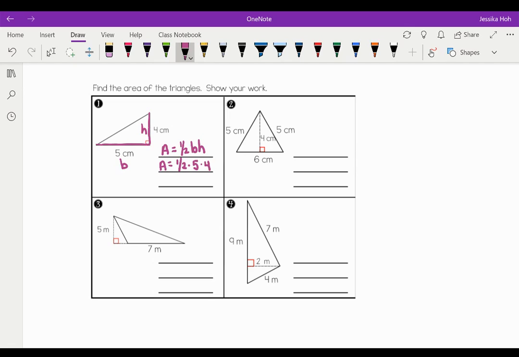So when we talk about something that is a half, we know it is just divided into 2. So what I like to do is I'll write over here so you can see. So I'll multiply 5 times 4 first, is 20. And then I'm going to multiply 20 times a half, or 20 over 2. So I can divide it by 2. So 20 divided by 2 is 10. So the area of the triangle is 10 centimeters squared.